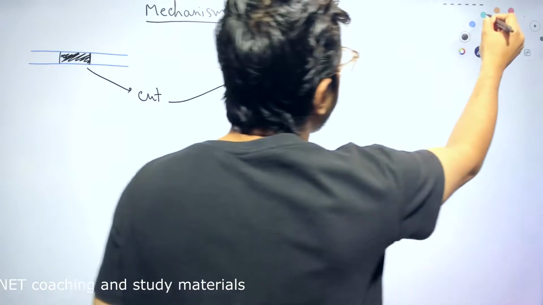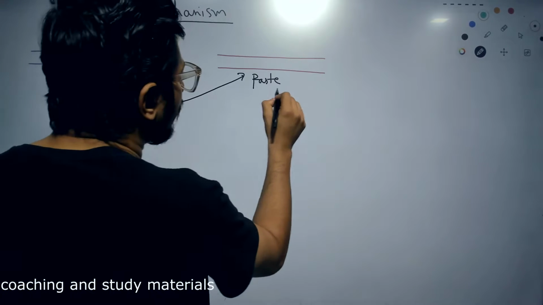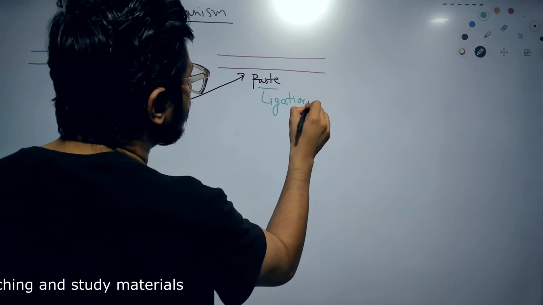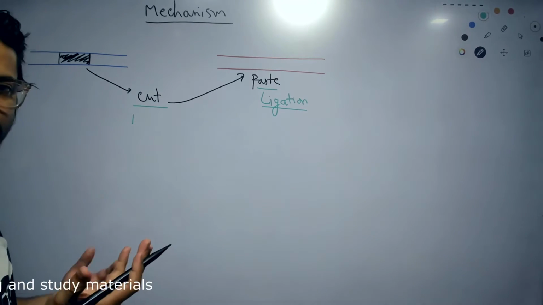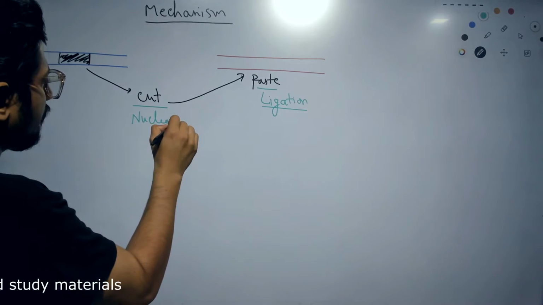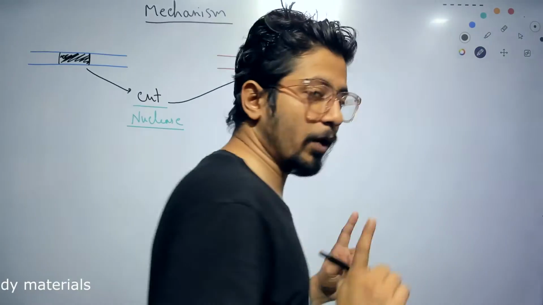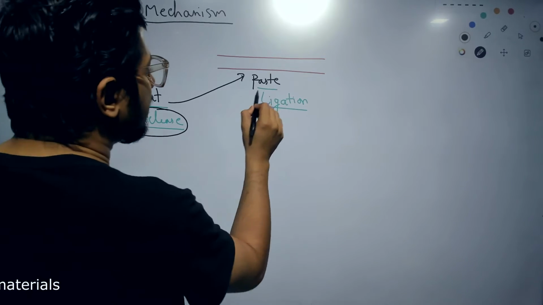And when I say cut and paste, it means we are cutting the DNA and we are also ligating the DNA. Ligation, paste means ligation, and cut of the DNA means obviously nuclease activity, nuclease function.